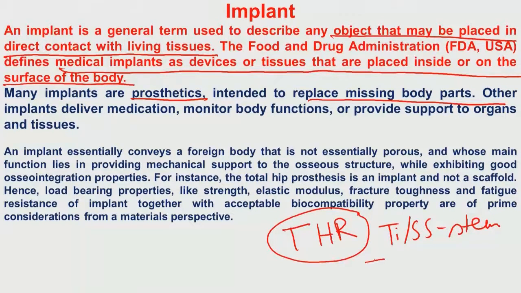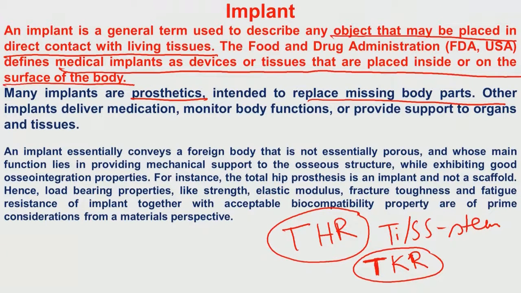Another example of an implant is total knee replacement. Total knee replacement also has load bearing materials, which are essentially non-porous and solid, like total hip replacement materials. So, certainly implants must have much better mechanical properties than scaffolds, but with uncompromised biocompatibility properties.